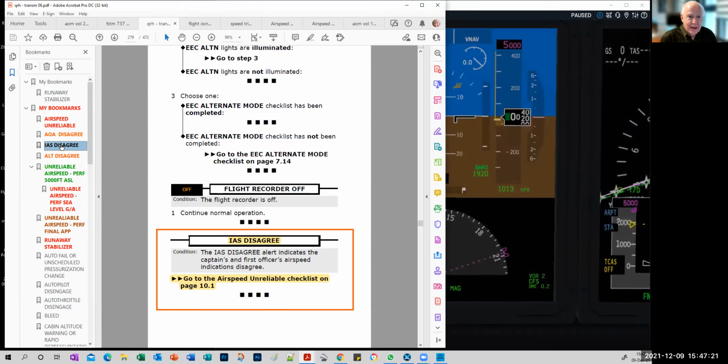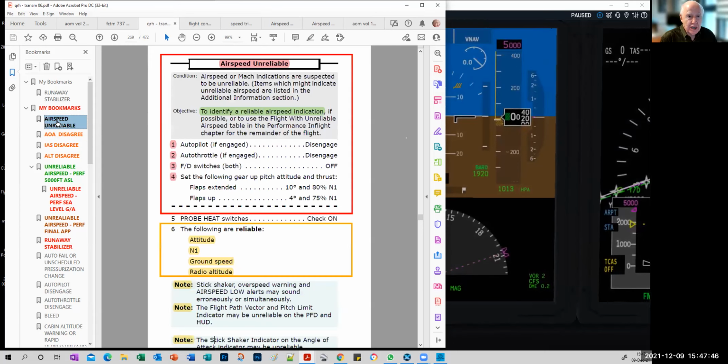So in flight, you're actually going to be wasting precious time by going to the QRH with an IAS or AOA disagree. You should know by memory that both the AOA and the IAS disagree will take you here.